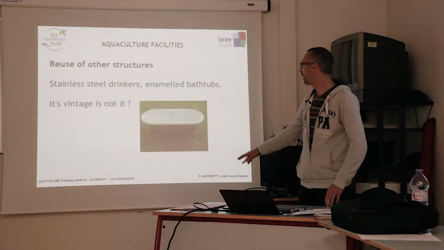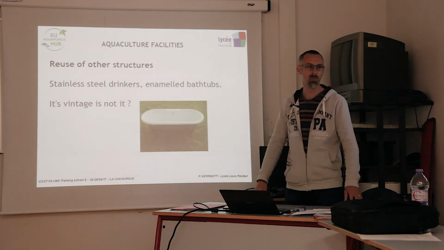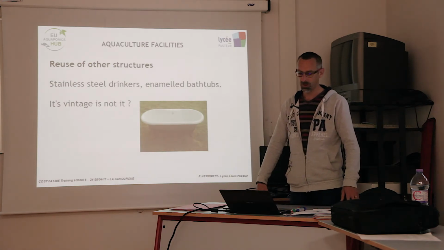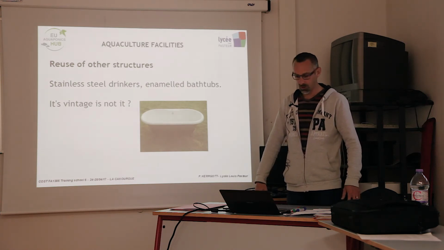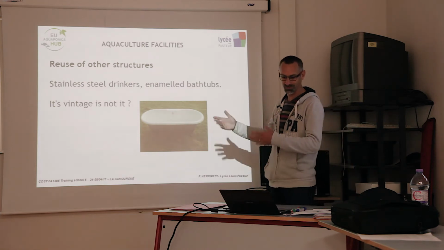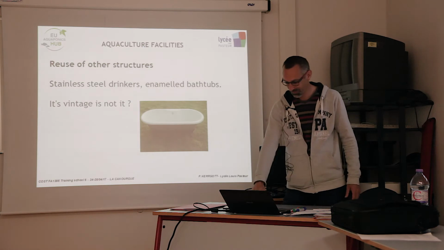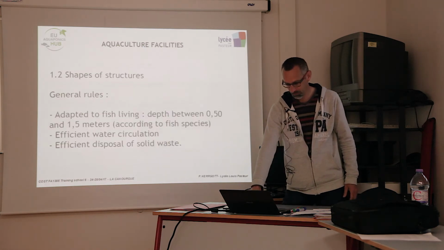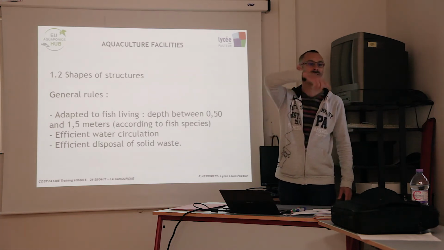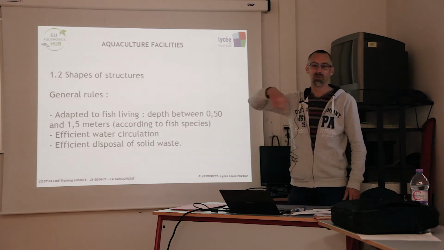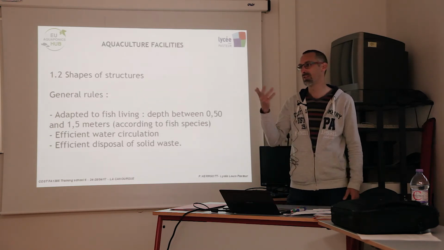We will speak about the shape, but the shape of bathtubs is not so bad, and the material is good. You don't have the choice of the shape, but on the philosophy of the aquaponic cycle, recycling materials, it makes sense.